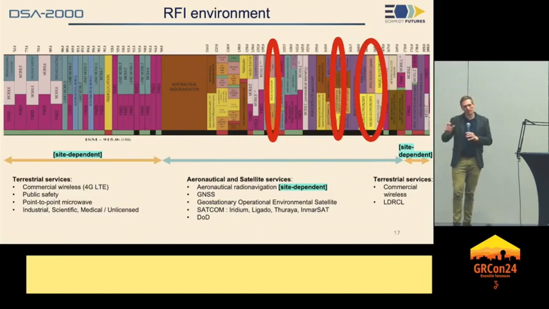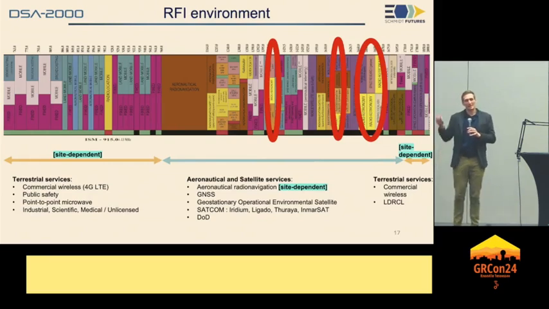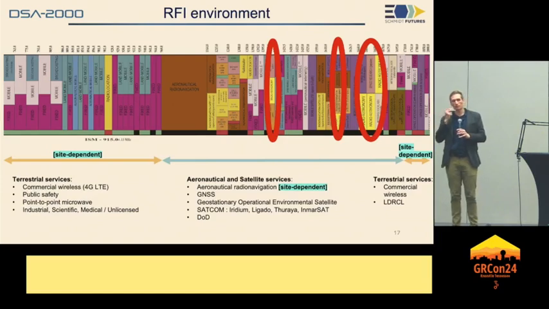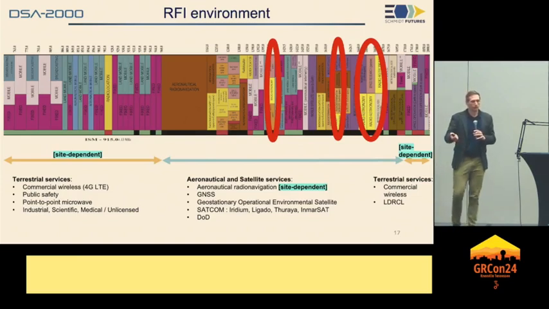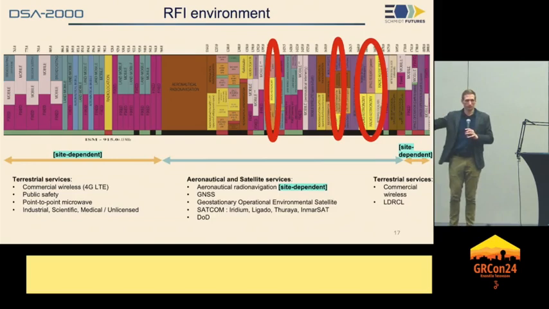We can dissociate from this frequency range the 300 megahertz at the bottom and the 300 megahertz at the top of the band, which are mostly site dependent. It contains allocations for cellular services, so mostly cell towers, but also point-to-point microwave and public safety systems. That's true at the bottom and at the top of the band.